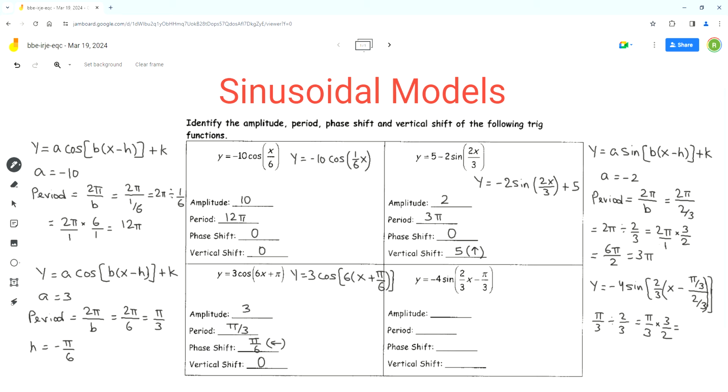So we get 3 pi over 6 because 3 times 2 is 6, which can be reduced to just pi over 2. So that means we can rewrite the given function equation as y equals negative 4 sine 2 over 3 parentheses x minus pi over 2.